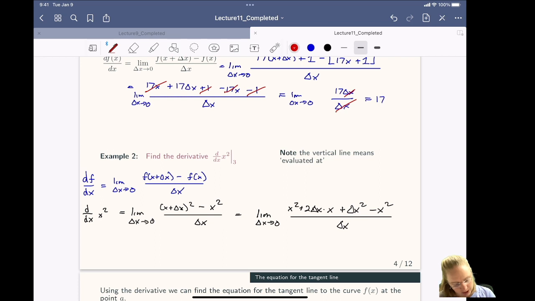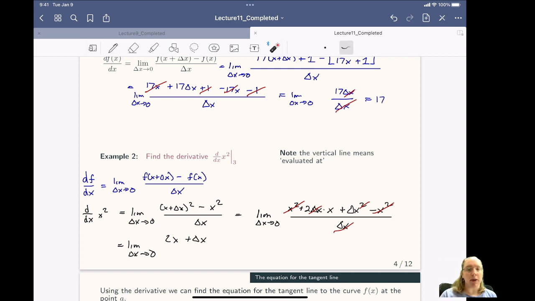Now, let's do a bunch of canceling. That x squared is going to cancel with that. Now we have a delta x in the numerator and the denominator, so we can cancel one of those delta x's, and we end up with the limit as delta x goes to 0 of 2x plus delta x.